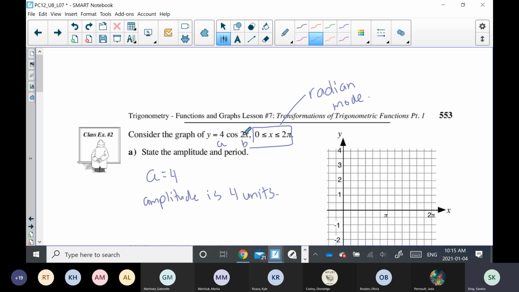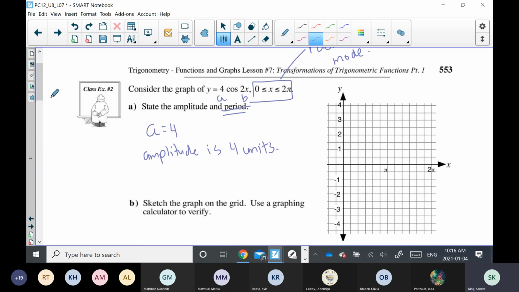Okay. What's the period of this graph? So a regular cos graph has a period of 2 pi, right? You just have to have this memorized because it's not on the formula sheet, but the period is going to be 2 pi divided by the absolute value of b.